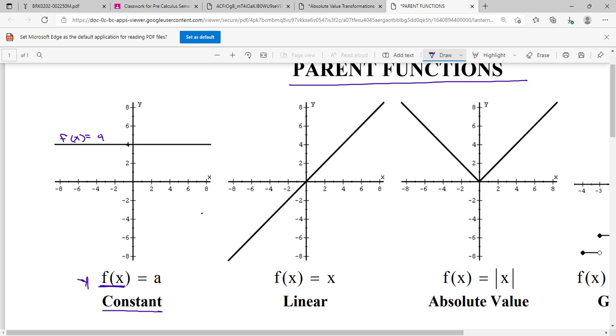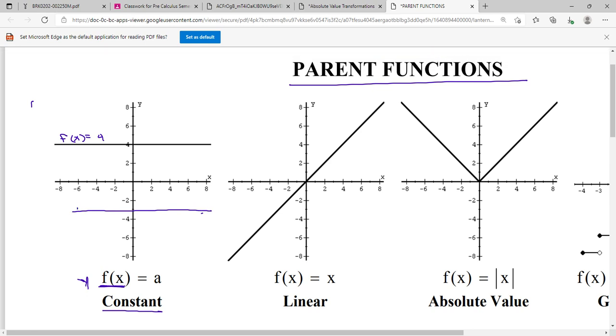If we wanted to change this, translate this function, so translating means changing the function to move this graph. If we had f of x equals, let's say we wanted the graph to be at -3, we could move it right there, and it would be f of x equals -3.